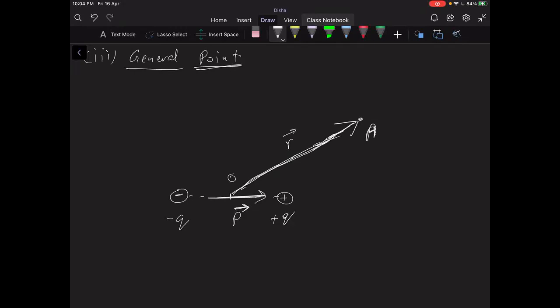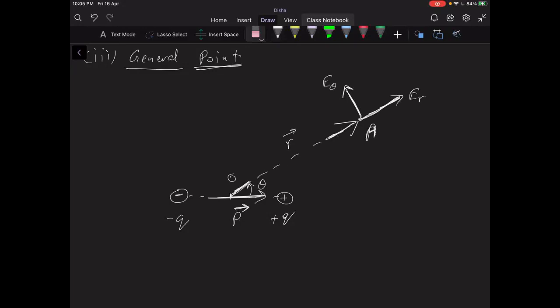So here we should see what is the theta direction. This angle is theta. So this is your theta cap direction. And this is your radial direction, E R. You'll have two components, E R along the radial direction away, and E theta along the tangent.